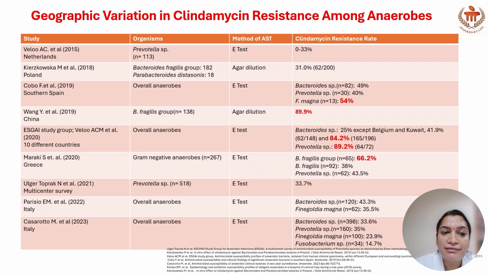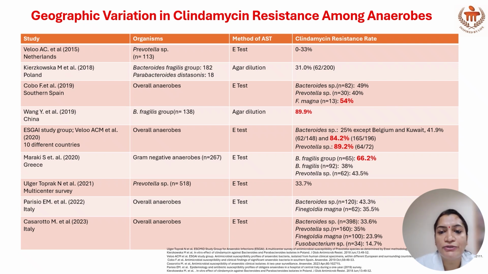Again, the study conducted by the study group on anaerobic infection in 2020, involving 20 different countries, found that Kuwait and Belgium had resistance rates of 42% and 84% in Bacteroides species.